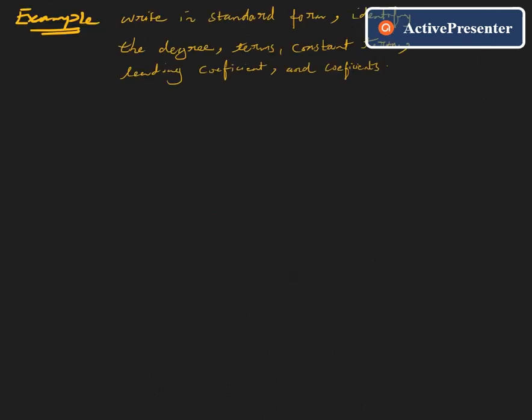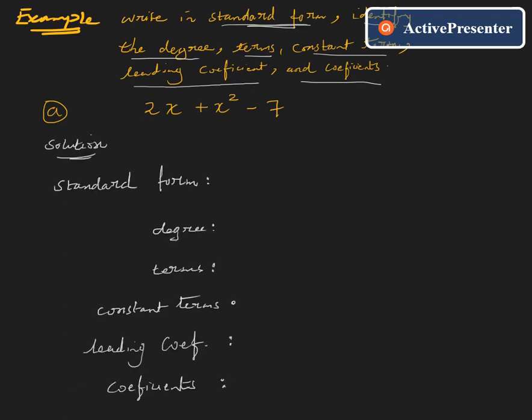Example: write the polynomial in standard form. Identify the degree, terms, constant term, leading coefficient, and coefficients of the polynomial. A, 2x plus x squared minus 7. We have to write in standard form. So this polynomial is not in standard form.